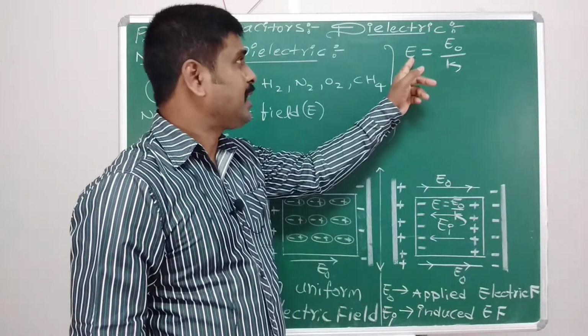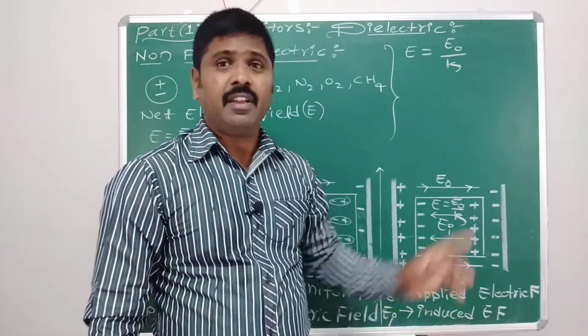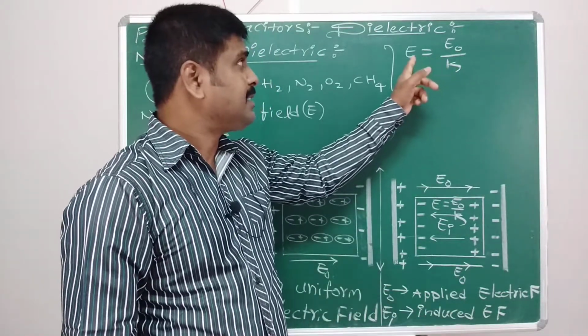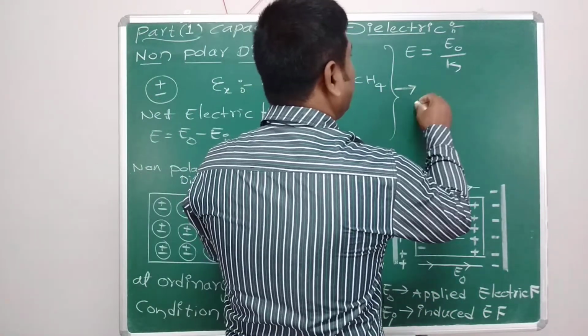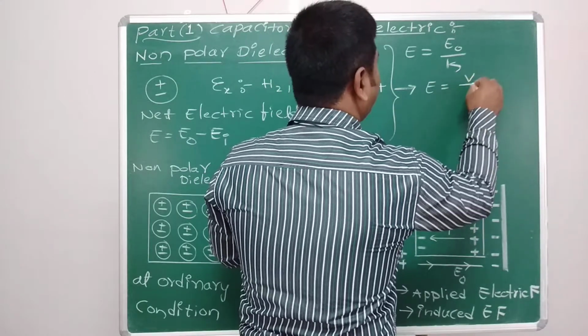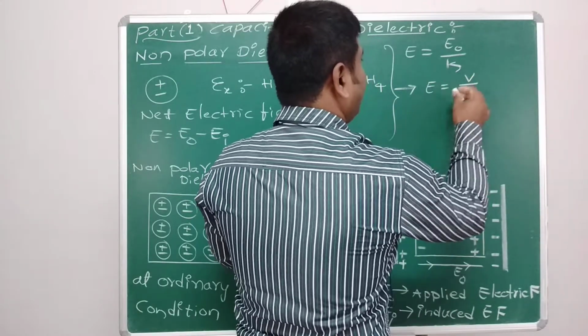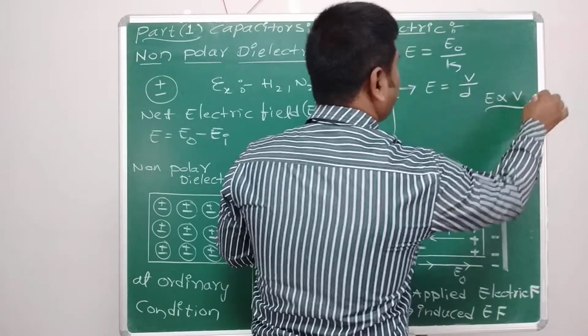From the electric potential relation E equals V divided by D, the electric field is directly proportional to the potential.